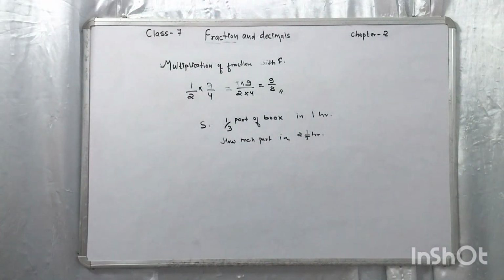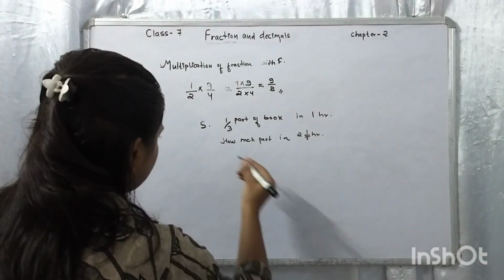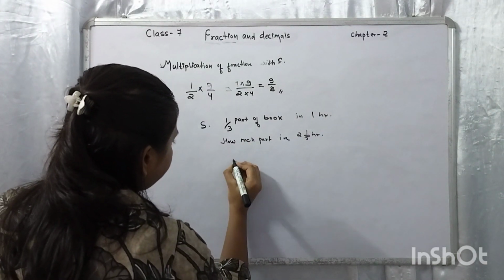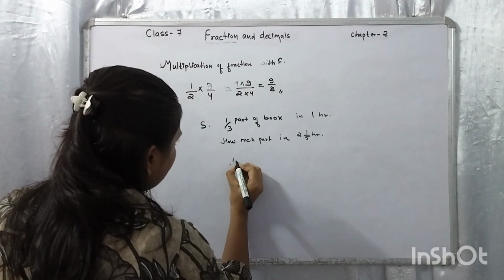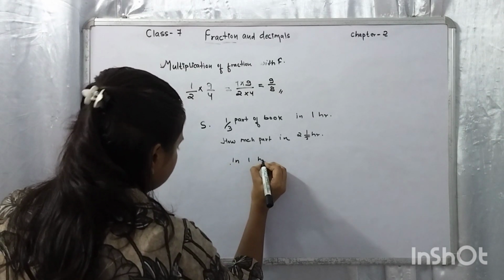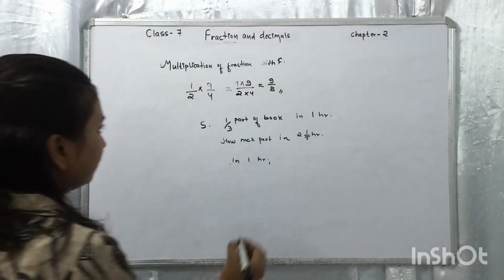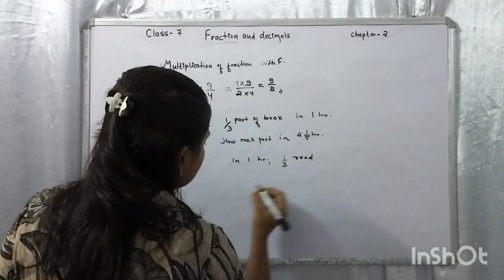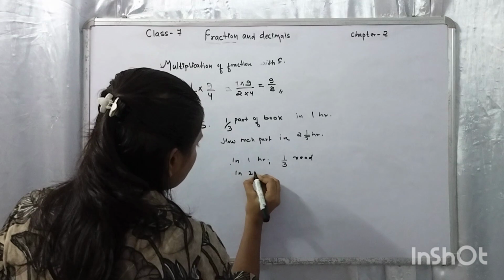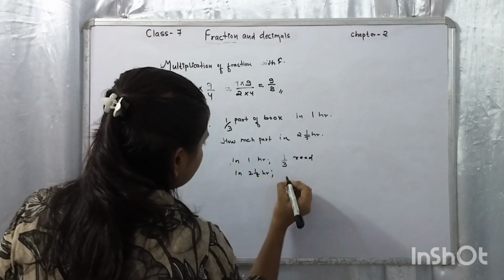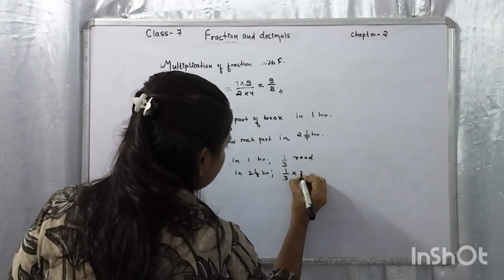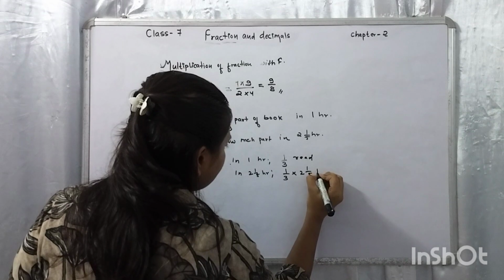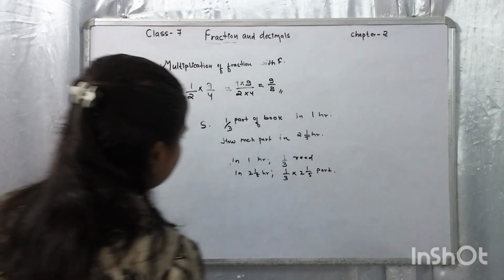So this is our question. Fine. Now here what we will do is, since in 1 hour 1 by 3 part is read, in 2 1 by 5 hours, 1 by 3 into 2 1 by 5 part will be read.